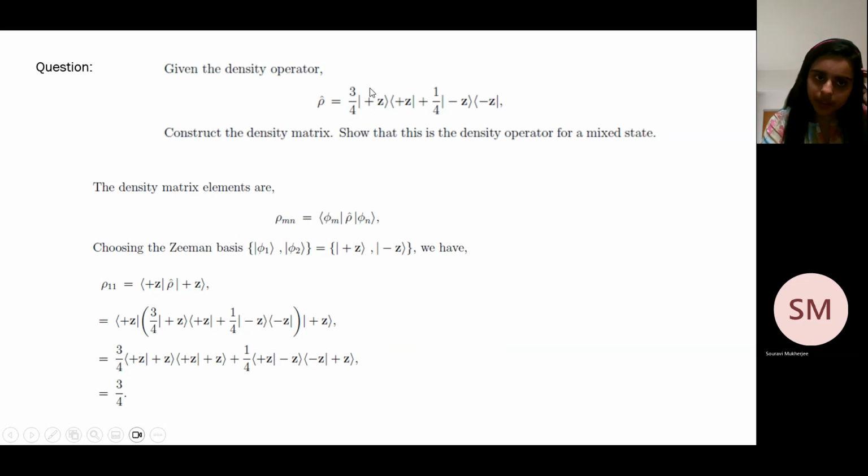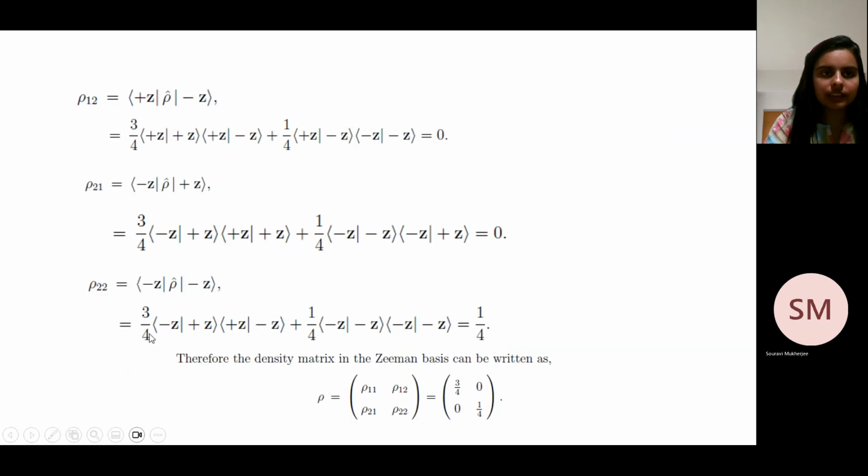For this particular question, if you define the basis vectors as plus z and minus z, then these kinds of inner products would give you all the different density elements. So rho 1 is given by this inner product here, and that comes out to be 3/4. Similarly, if you find the other terms, you would get the corresponding density matrix elements, and so the density matrix turns out to be something like this.